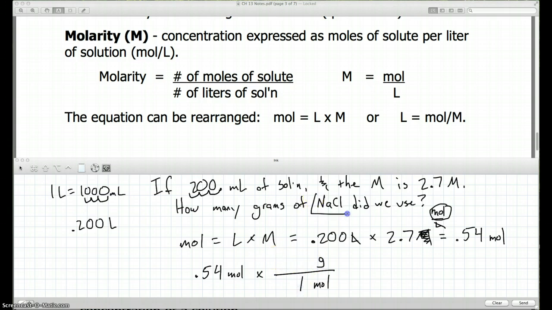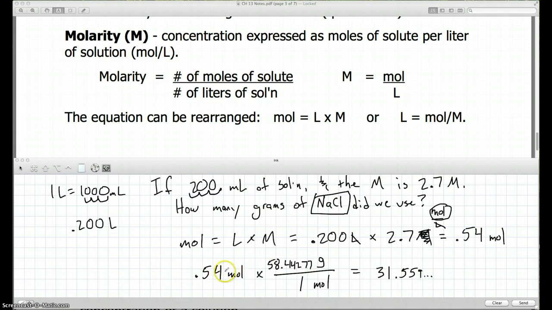Grams, I have NaCl, so I'm going to take 1 Na and 1 Cl from the periodic table, and I used that in the last video. Still have my answer here, 58.44277. So I do that math. Starting number times top number divided by the bottom number, and I get 31.559 dot dot dot. Keeps going.